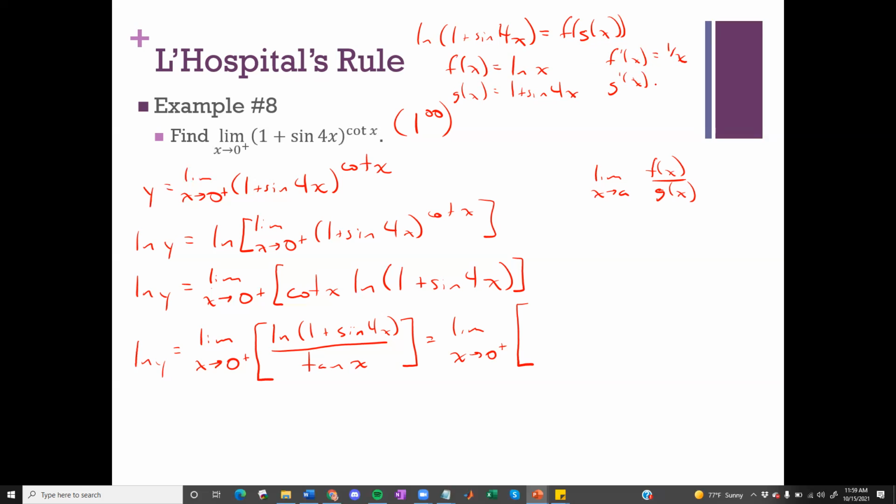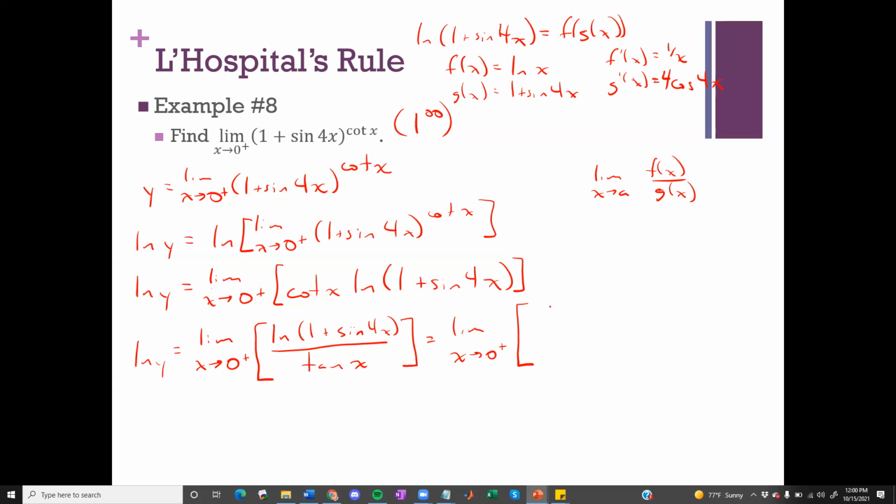And 1 plus sine 4x would be? Cosine 4x, missing something on that one, times 4. So yeah, they really got 3 layers of chain rule, but try to handle one of them inside the other. So this is the derivative of the numerator.